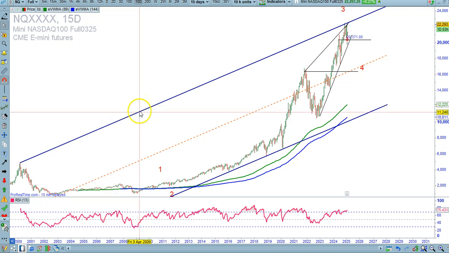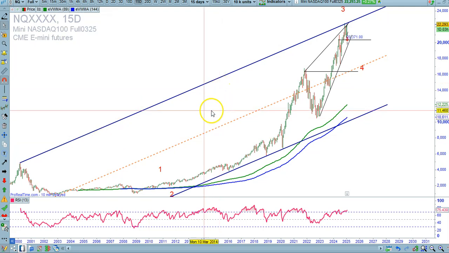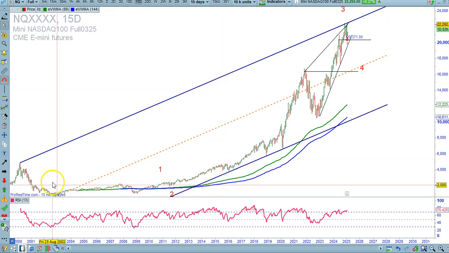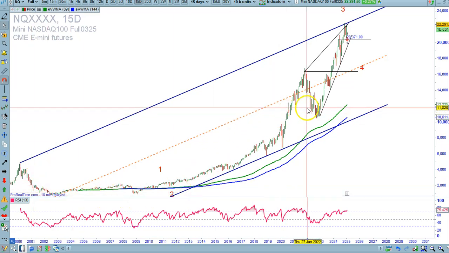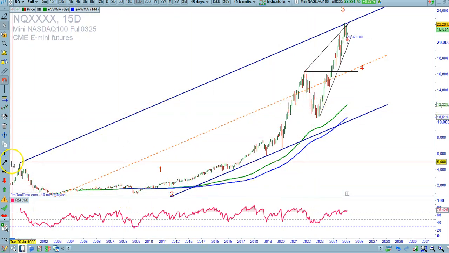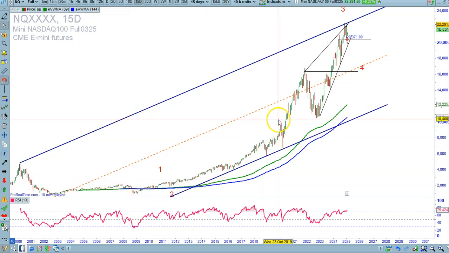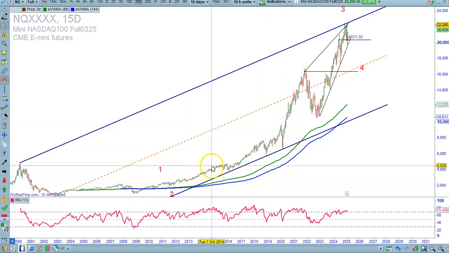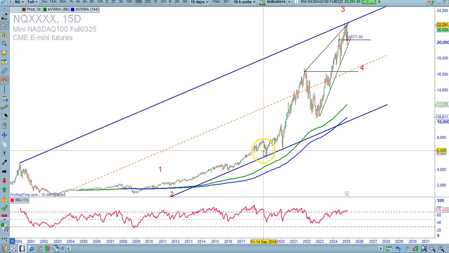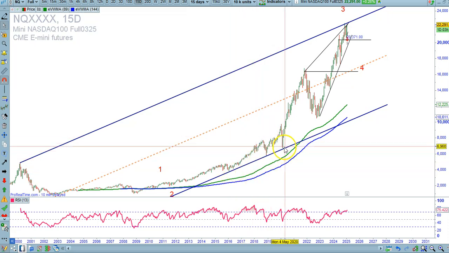where we are at the top of the long-term channel, which was formed in the past 25 years. In the first and the second phase of these 25 years it was bound to the lower boundary, touched 1, 2, 3 times.